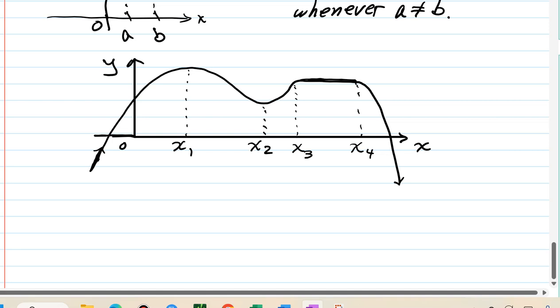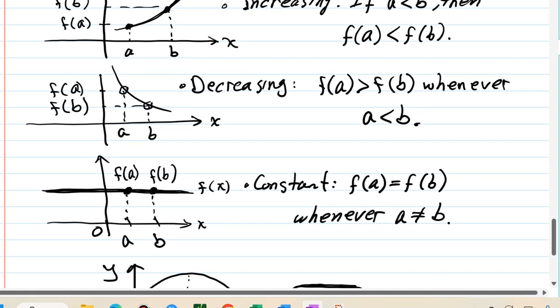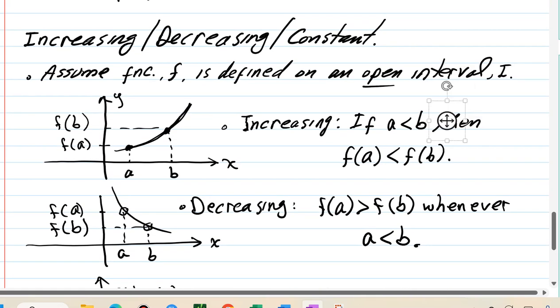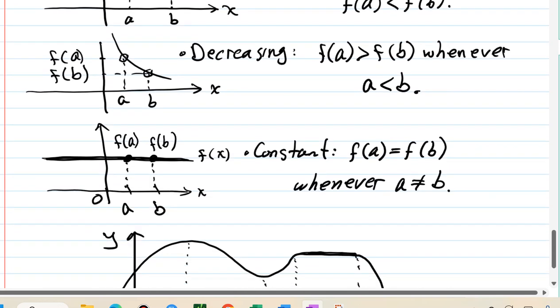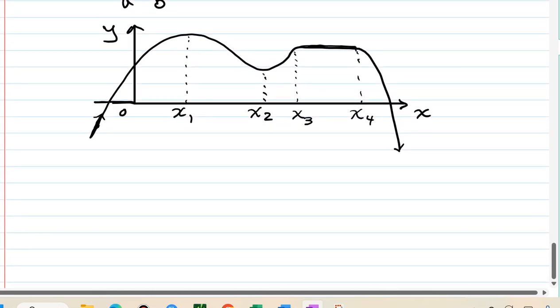Now we want to determine the intervals over which the function is increasing, decreasing, or flatlining, that is constant. Now remember, because our function is defined on an open interval, I defined it up, did I write it? Yes, open interval. So because of that, we are not interested in what happens at a point.